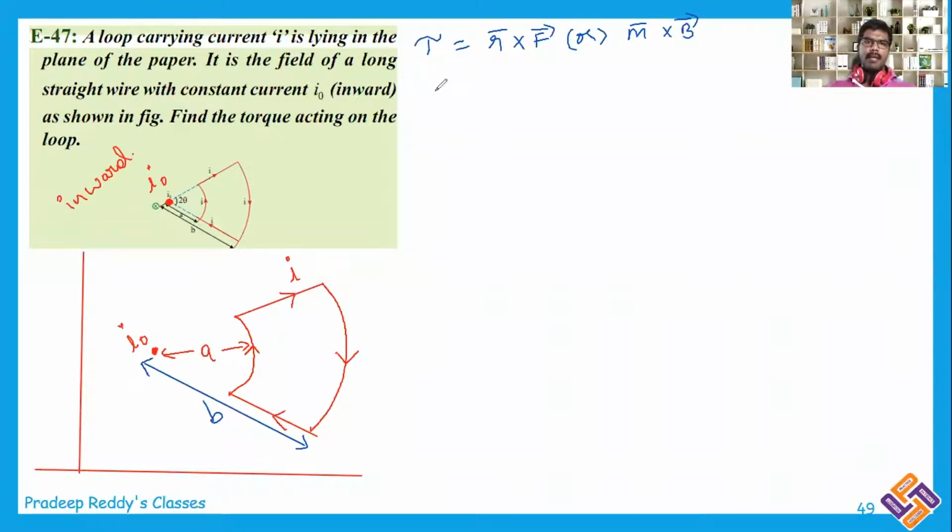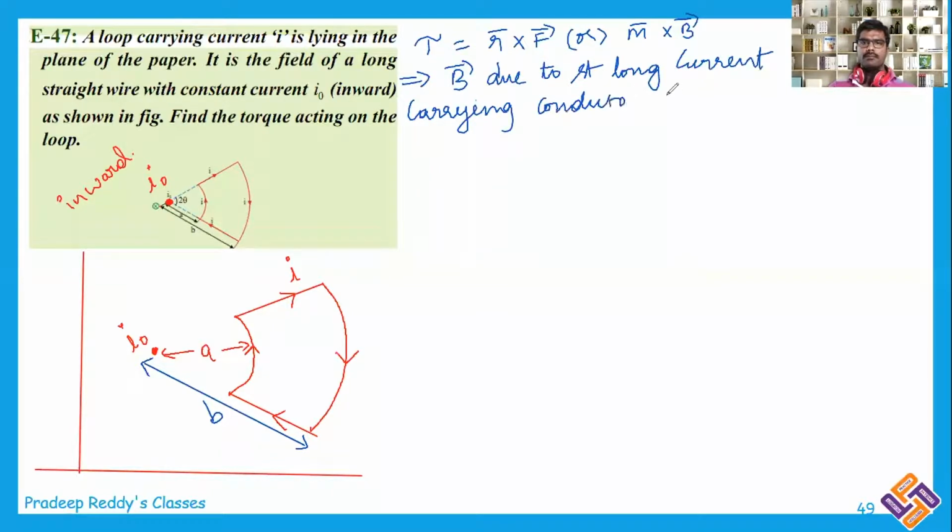In this case, the magnetic field is produced due to a straight current carrying conductor. So the magnetic field due to a straight long current carrying conductor is B equal to mu naught I naught divided by 2 pi R, and this is non-uniform.